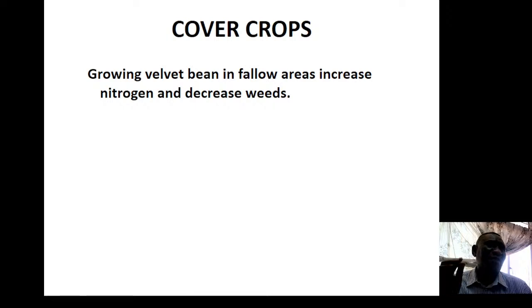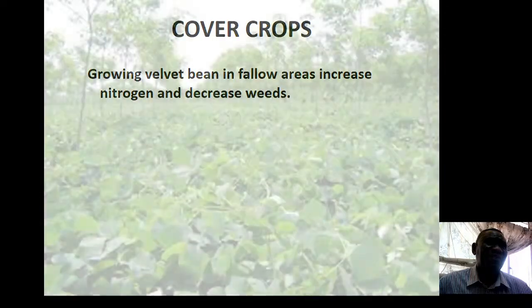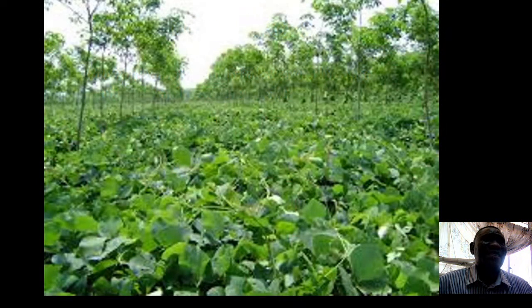I don't know whether we can encourage farmers to grow velvet bean. It may be used by livestock, but probably their priority is to produce food first. Then they can always do this later. This is velvet bean.